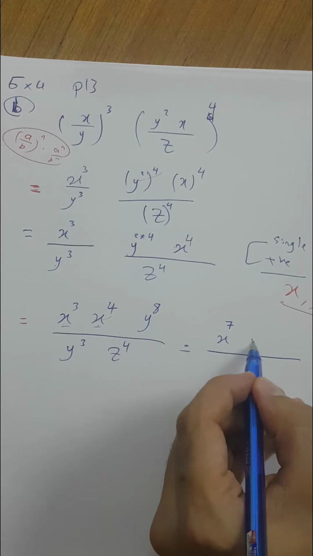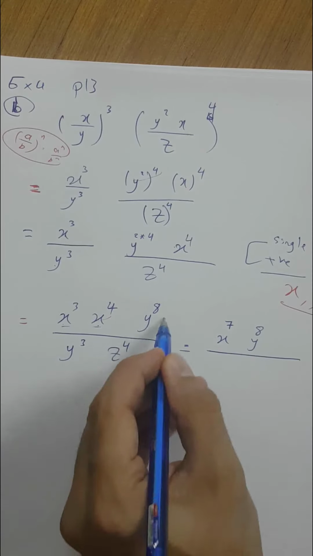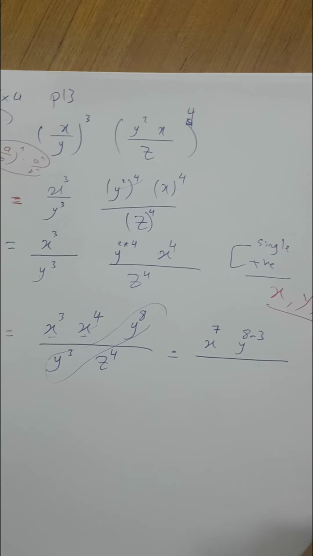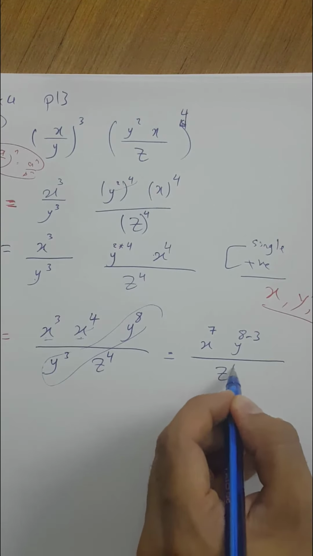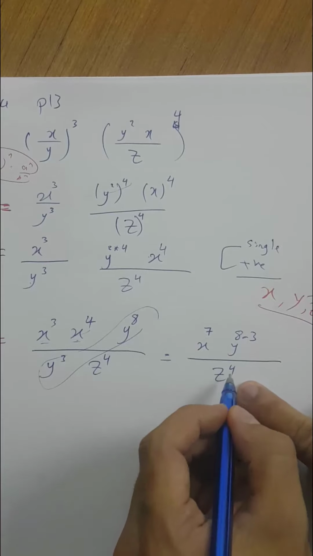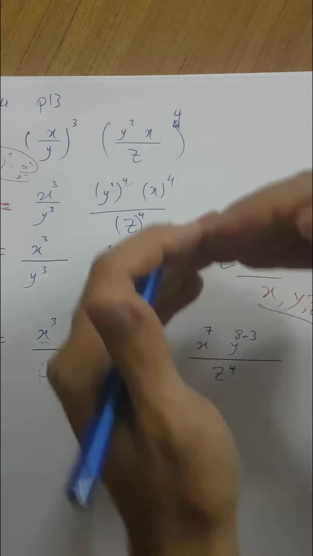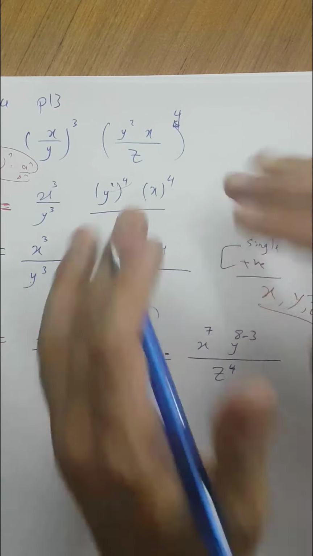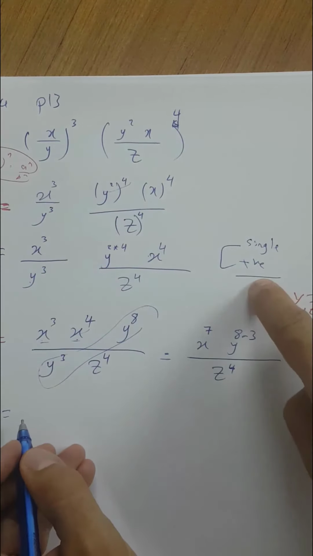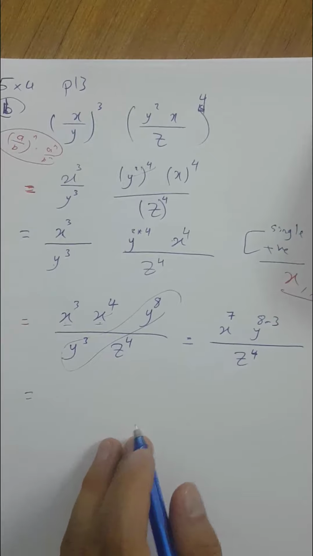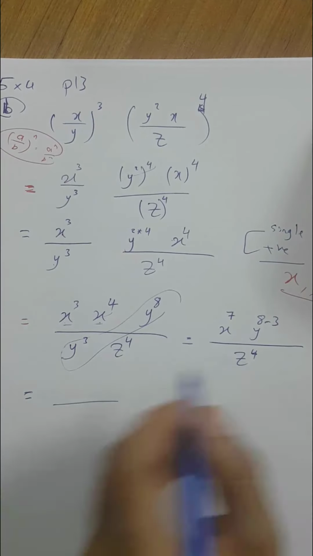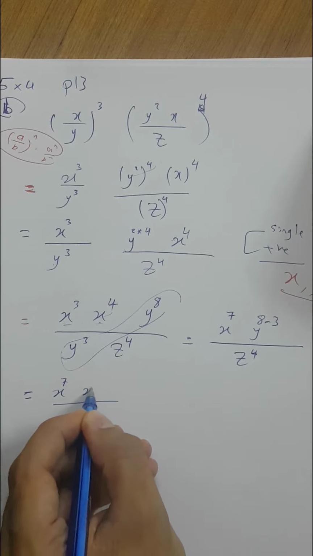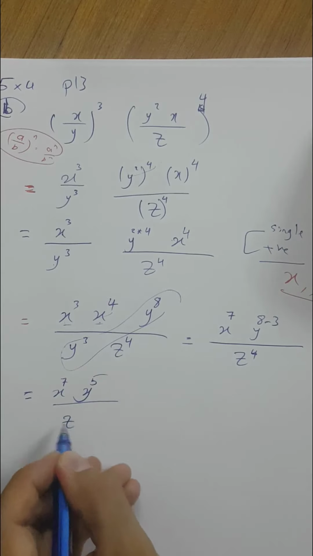And now this one is y to power 8, and this one, by the second rule, is going to be like that. And here's the z, it remains. I will not change the z because z has a positive exponent, so I'm not going to bring it up to the numerator as minus 4. That's why I will leave it here, because I want a positive exponent. So it is equal to x to power 7, y to power 5, z to power 4.